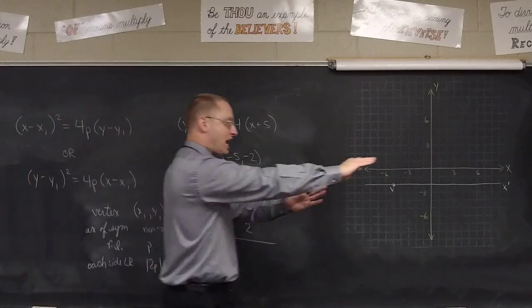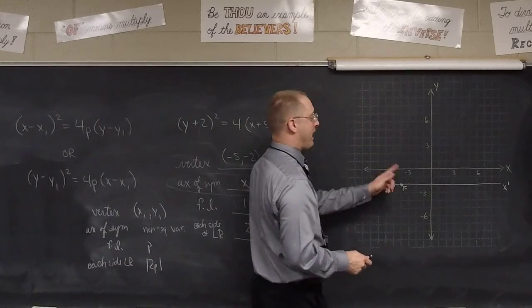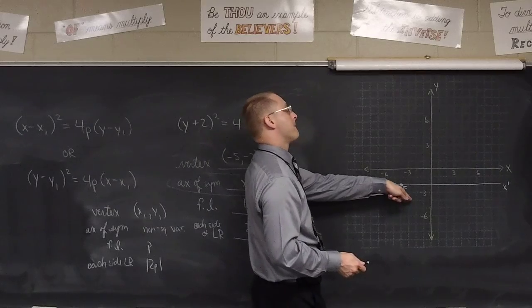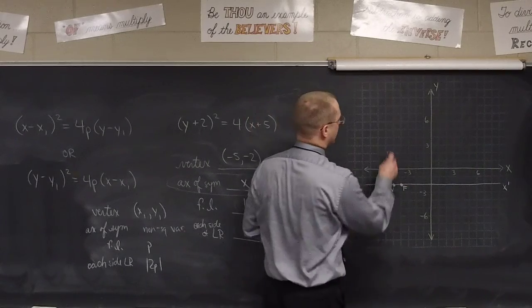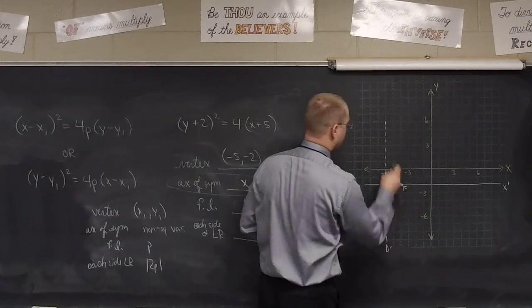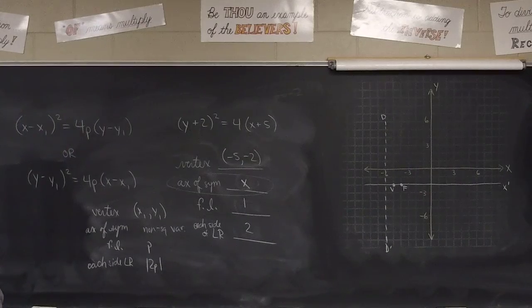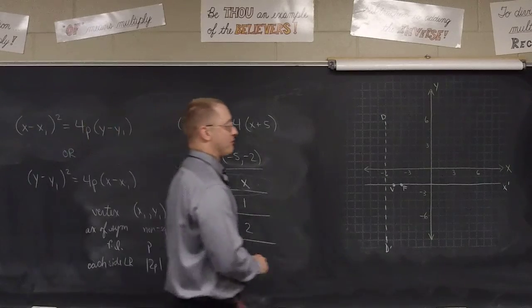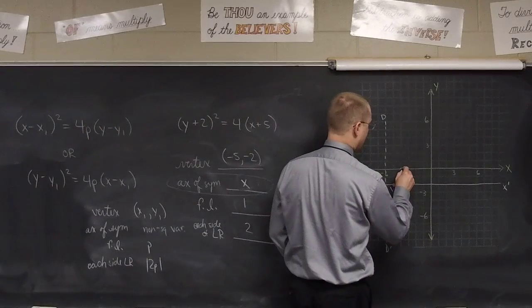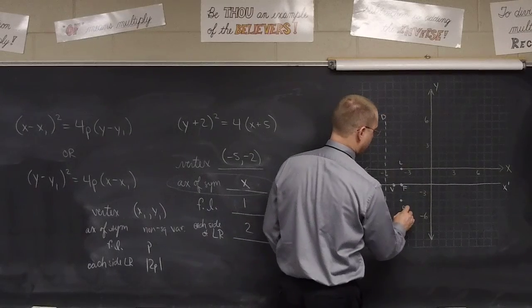All right, we're going to go sideways 1 positively to the focus, and negative 1, backward 1, to the directrix. And then perpendicular to my x-prime axis, parallel to the directrix, I need to go up and down 2 from that focal point, to the endpoints of the latus rectum.